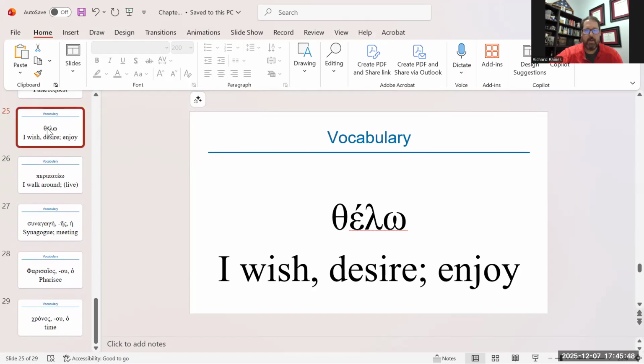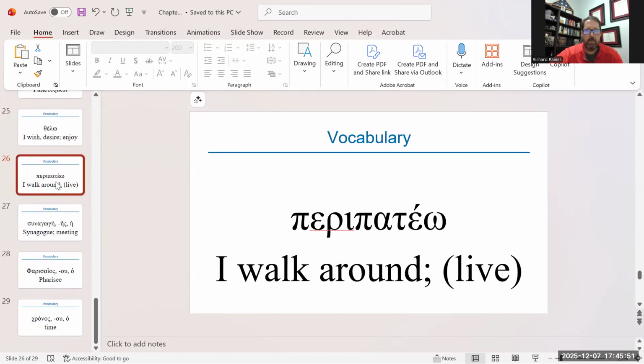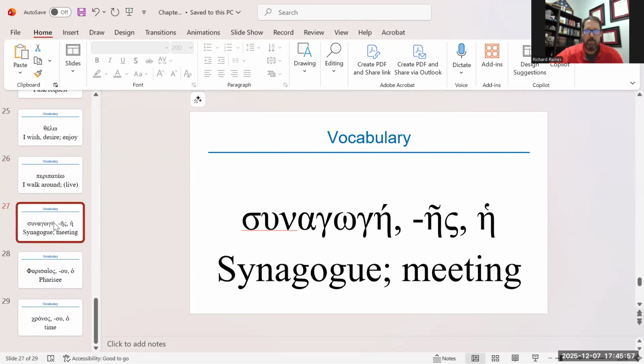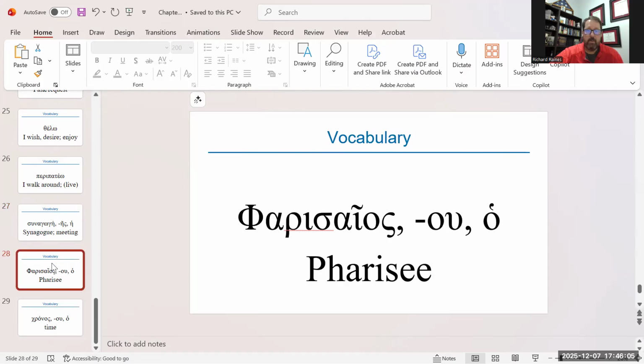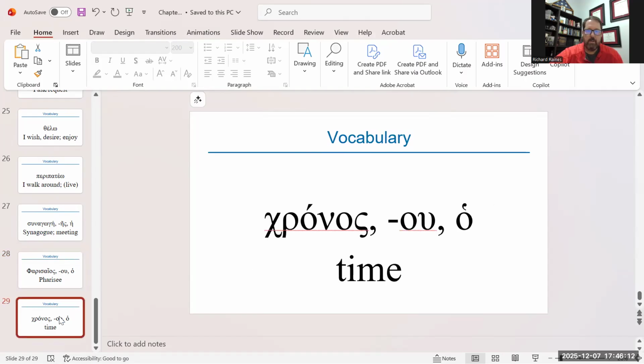Thelo, I wish, I desire, I enjoy. Peripateo, I walk around or I live. Sunagoge, that's a synagogue. Pharisaios, Pharisee. It's pretty easy because it sounds like Pharisee. And chronos, time. Chronographic watch, time.